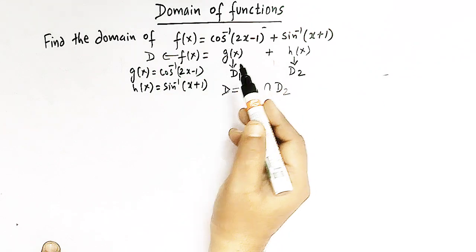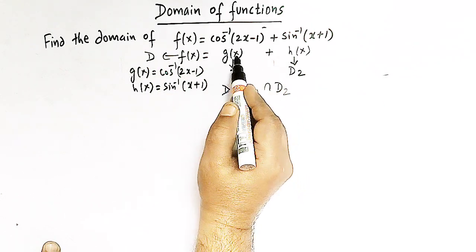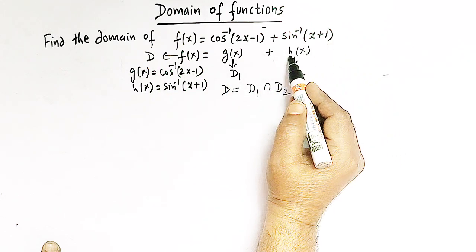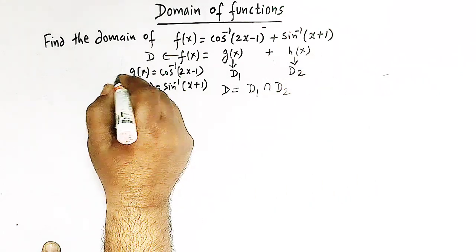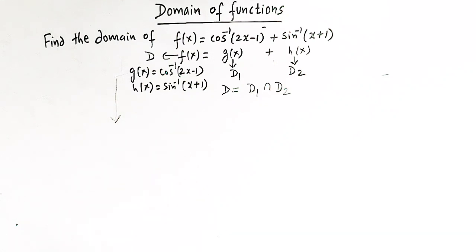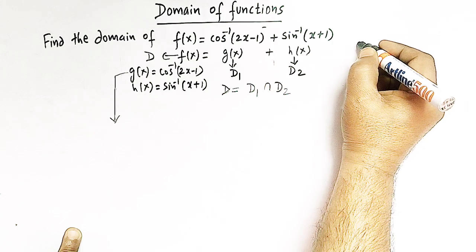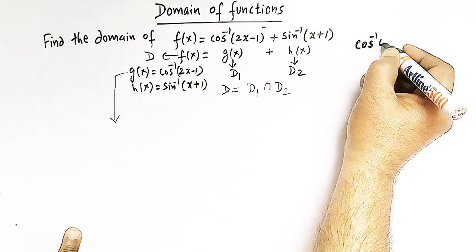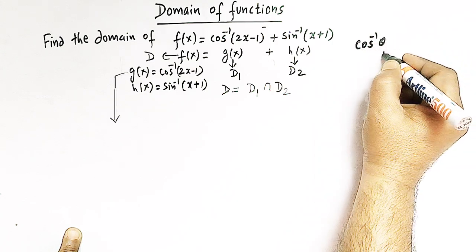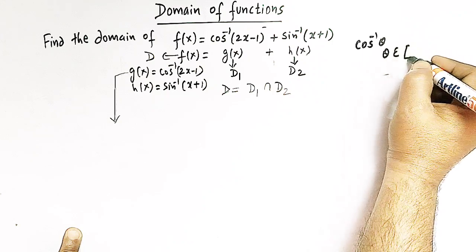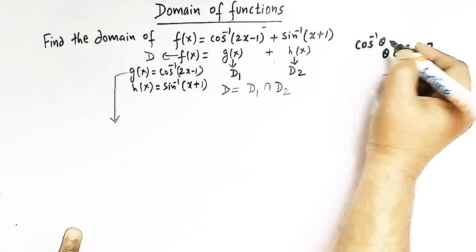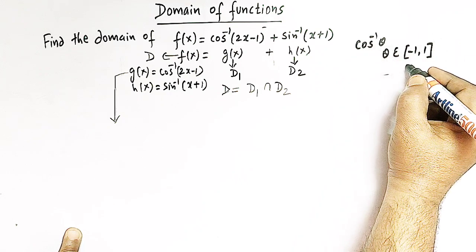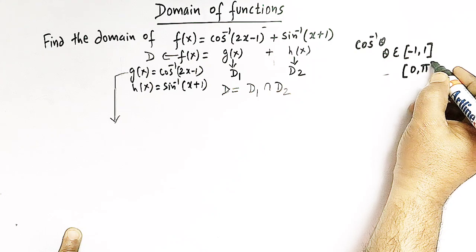So let us first find out the domain of g of x, and then we'll find out the domain of h of x. Let us first consider the function g of x. From inverse trigonometric functions, we know that cos inverse theta has the domain theta belonging to the interval minus 1 to 1, and the range of cos inverse theta is the interval 0 to pi.